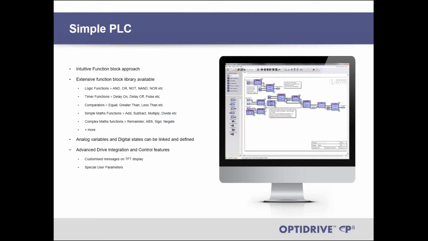The simple PLC, as I told you, basically you can do whatever you want. If you have PLC experience, you will know that it's only limited by your logic and by the inputs and outputs that you have available.